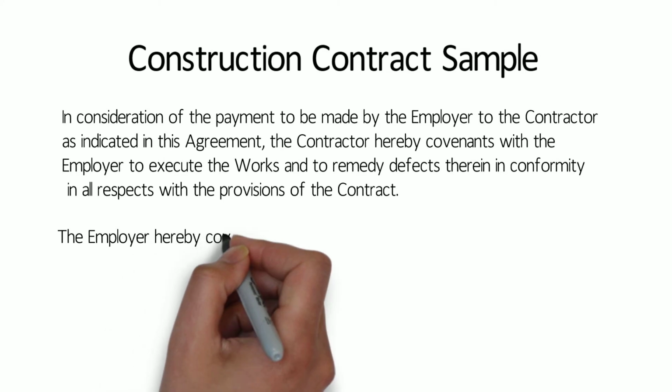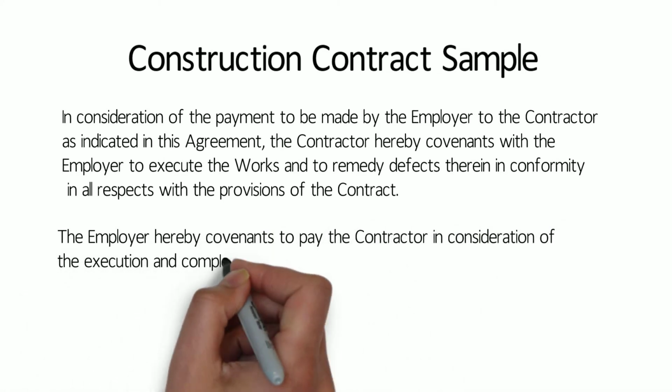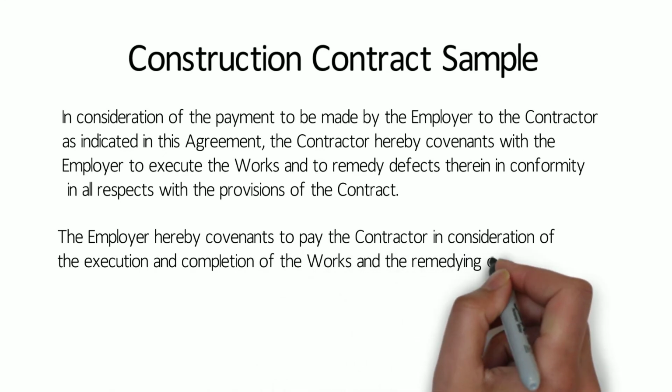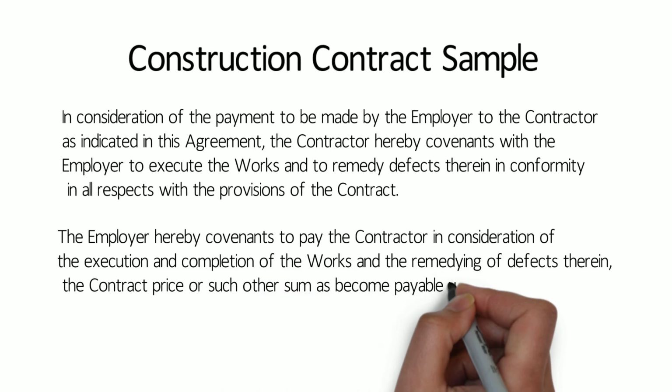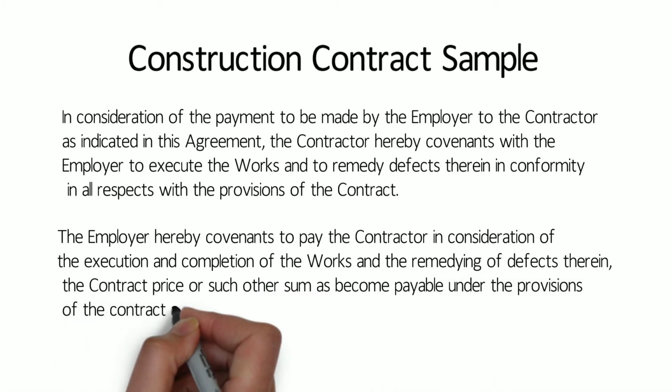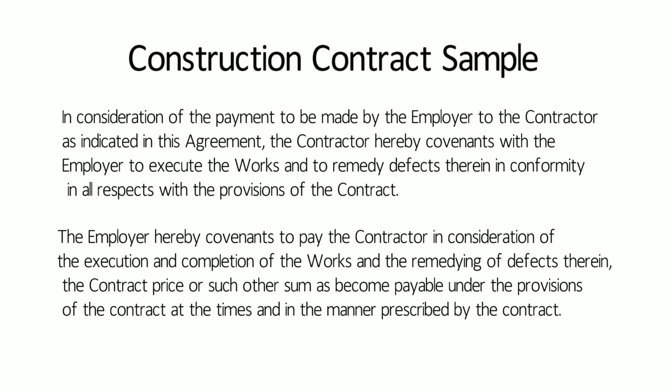The employer hereby covenants to pay the contractor in consideration of the execution and completion of the works and the remedying of any defects therein, the contract price or such other sum as become payable under the provisions of the contract at the times and in the manner prescribed by the contract.